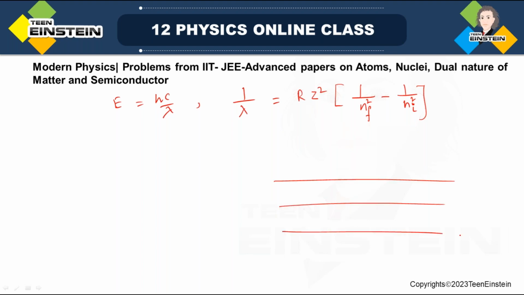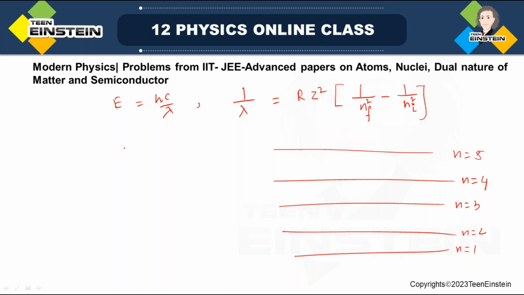Suppose there are various energy levels, n is equal to 1, n is equal to 2, n is equal to 3, n is equal to 4, n is equal to 5, etc.